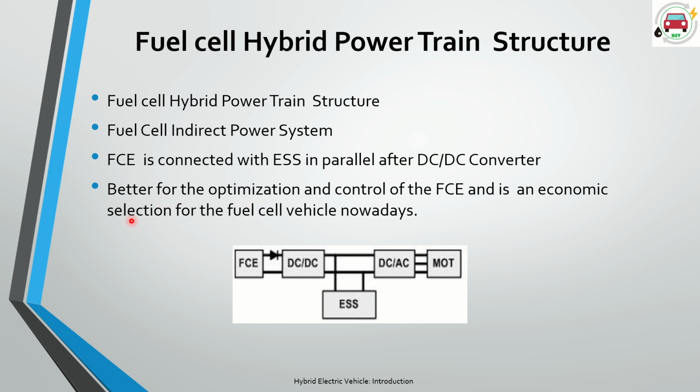And it is better for the optimization and control of the FCE, and it is an economic selection for fuel cell vehicles, right? So the fuel cell hybrid powertrain structure we have already seen.